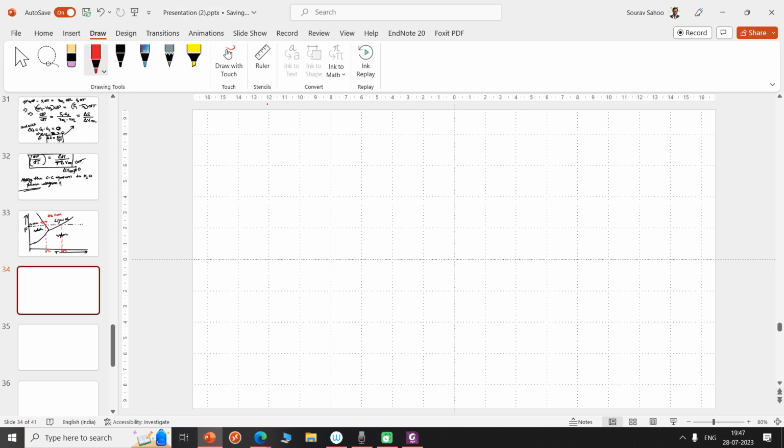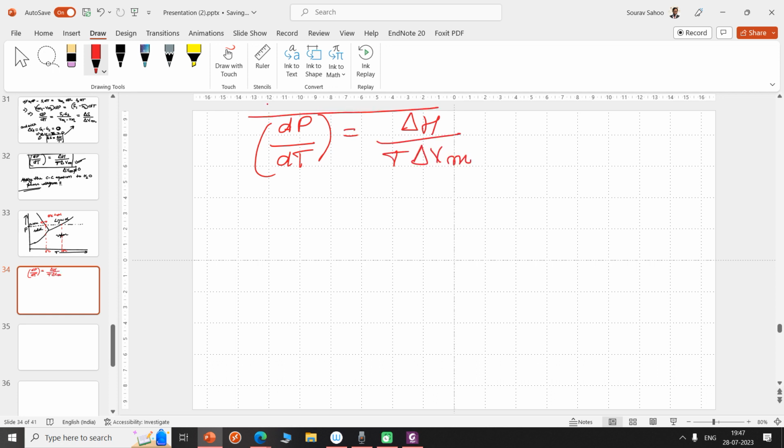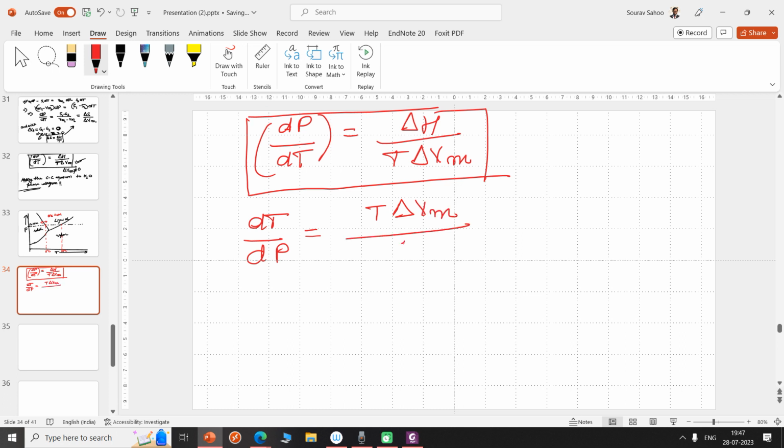So this equation tells us that dP, or the change in pressure with change in temperature, can be represented by the change in enthalpy by the change in the molar volume. So if we just take a reciprocal of that, just to keep this on the numerator, so T is equal to 273 Kelvin.